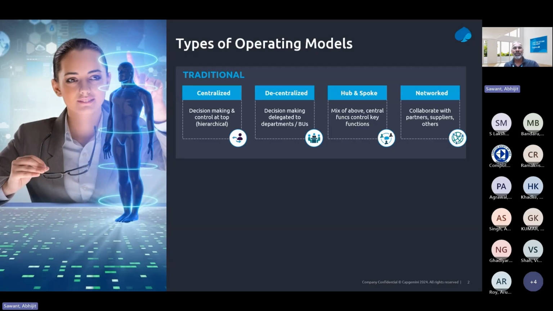So first, let's spend some time talking about the traditional operating models that we have always seen and are very common. The first one is the centralized operating model, the top-down approach, the old organizations which used to have decision making flowing from top down. It's always good to have that organization when you want to have full control.